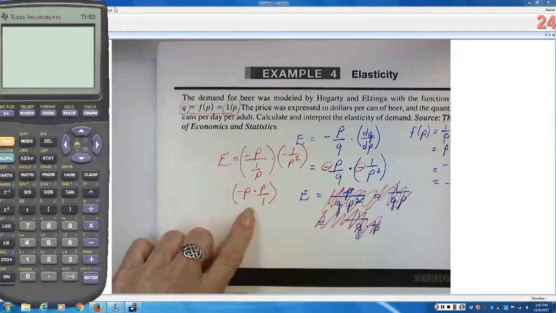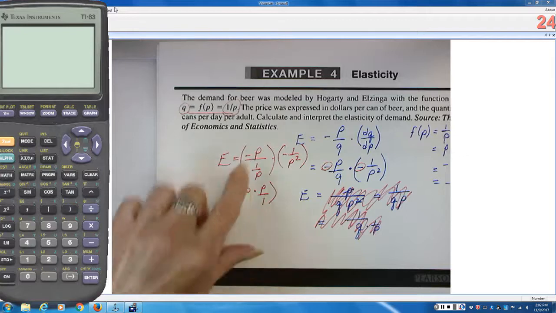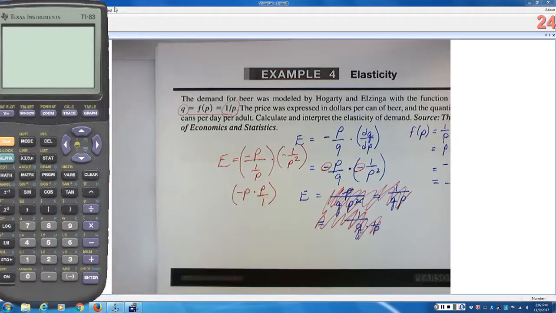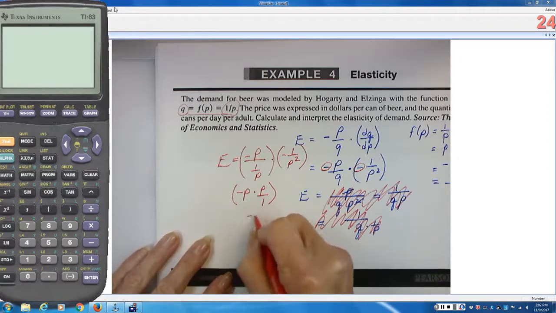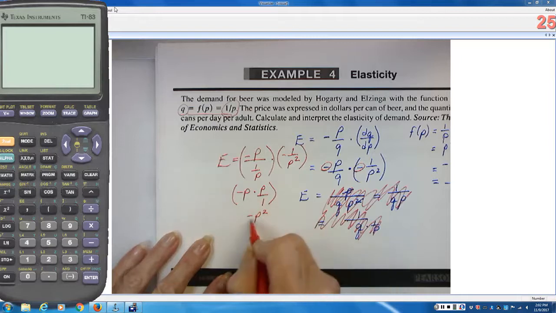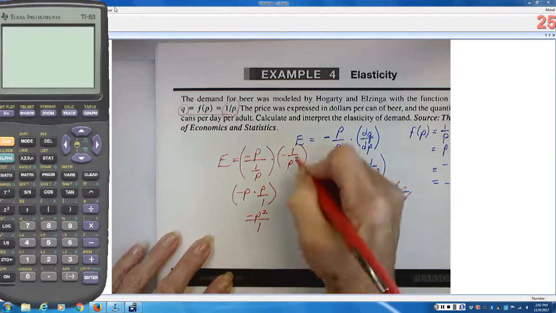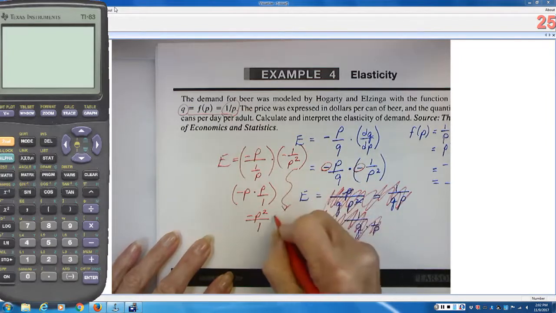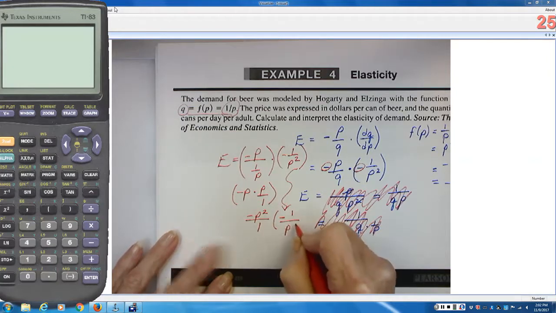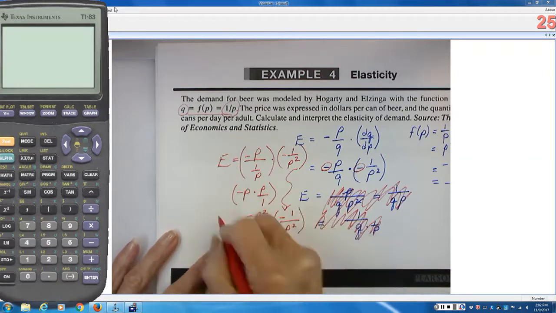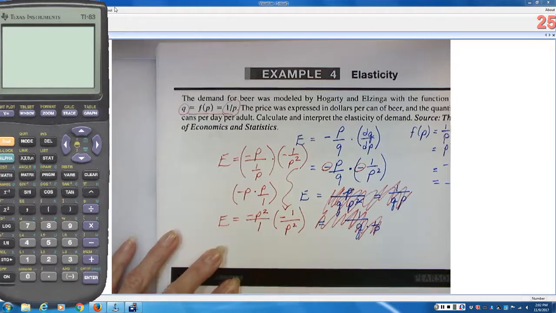Does everybody understand this part? Because all you're doing is dividing by 1 over P, and we've used that trick before where you're dividing by a fraction, flip the fraction over, and then multiply by it. So then I have negative P times P is negative P squared over 1. And now I'll bring down my negative 1 over P squared. So there's your elasticity.